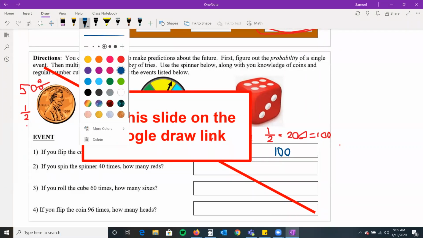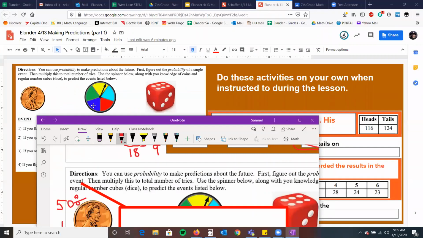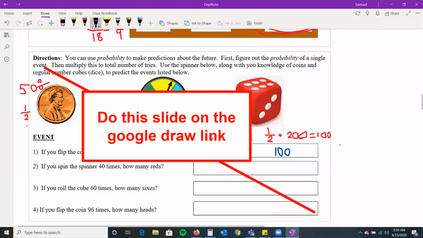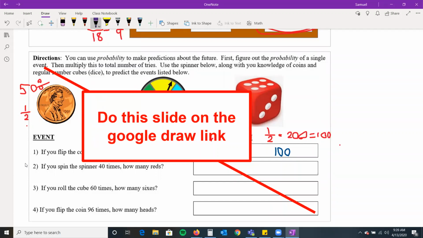Well, how many sections do we have out of the total 5 that are red? Looking at our picture, there's only one red section out of 5 sections, right? So 1 out of 5 is the probability of getting a red on one spin.